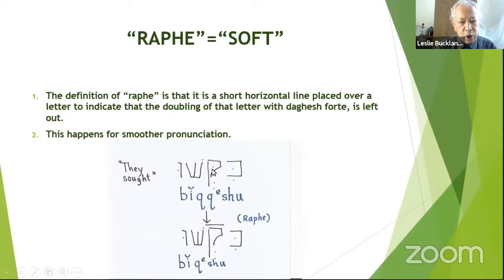So instead of one kof, there are actually two kofs, but there is no need in Hebrew to write kof twice, only in English.